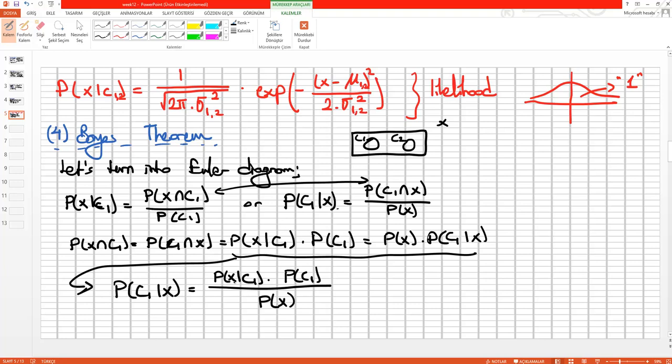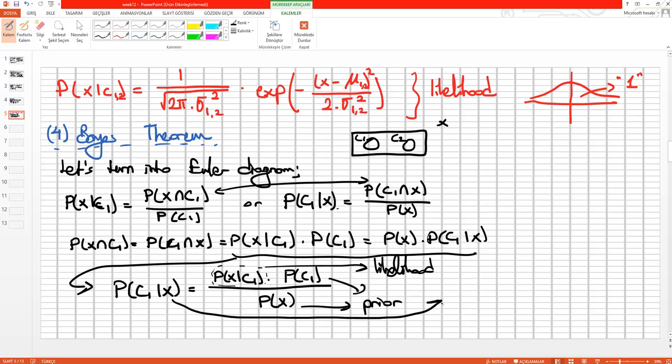This is the probability of x for a given c1, but in this case this is the class c1 probability for a given x. This is called the likelihood. This is the prior probability, p(c1), and the other term is called the posterior probability.